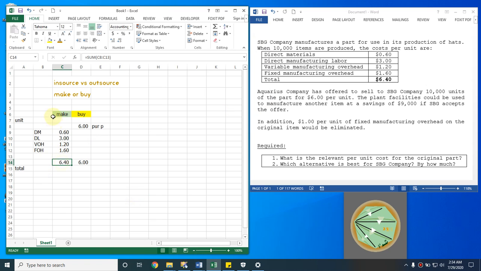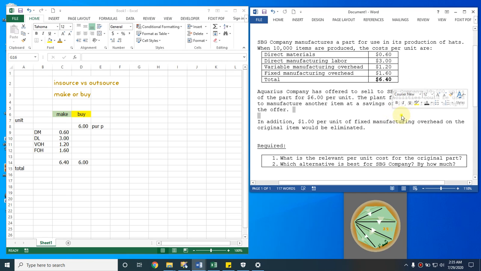But in addition to these individual cost items, we have another element that I have said. If the buy option is taken, there will be 9,000 savings. But this 9,000 is not on a per unit basis. This does not mean that there will be savings of 9,000 per unit.